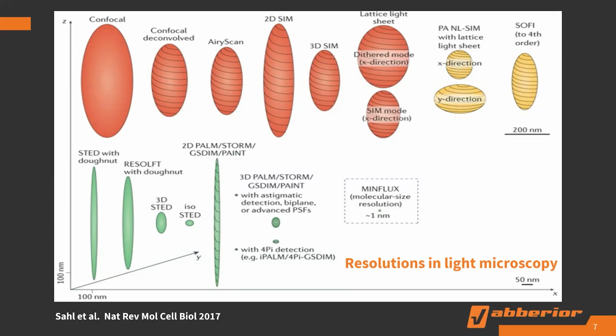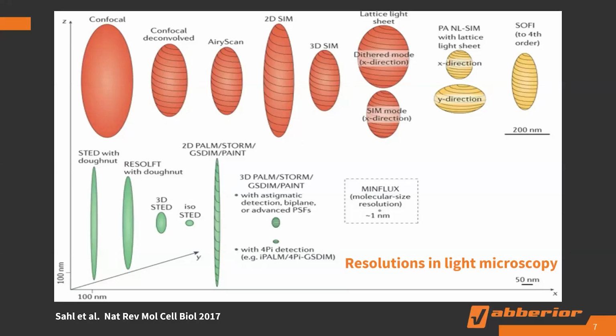From our STED system, the best XY resolution is around 20 nanometers. And for 3D STED, we can do isotropic resolution in X, Y, and Z of around 60 nanometers. This is one of the Nobel Prize technologies. The other one is single molecule localization, like PALM and STORM.